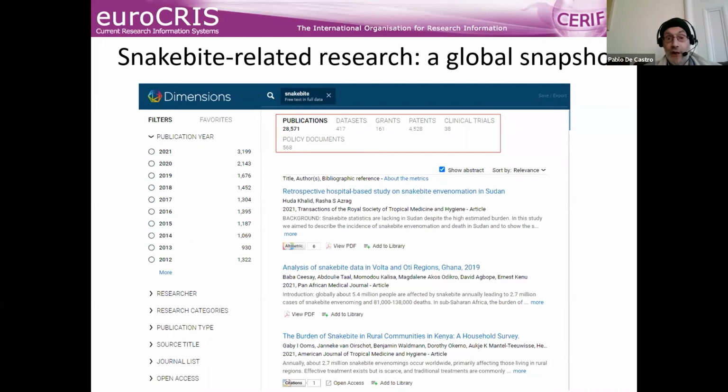Although if you look at the publications on the left-hand side of the screen, you can see that the number is growing significantly year on year. We're near 3,200 publications in 2021, up from 2,143 in 2020. It's a massive increase.